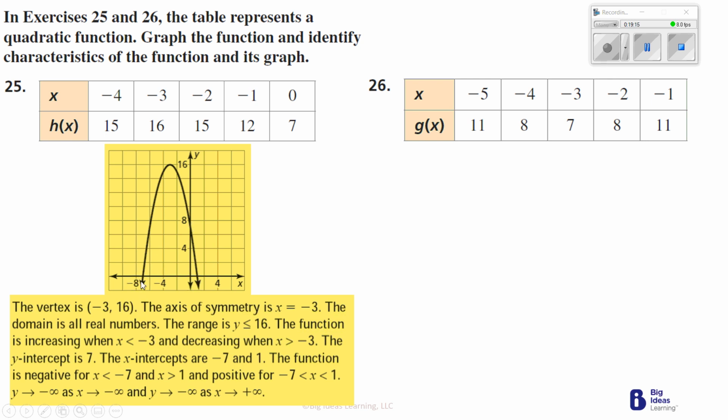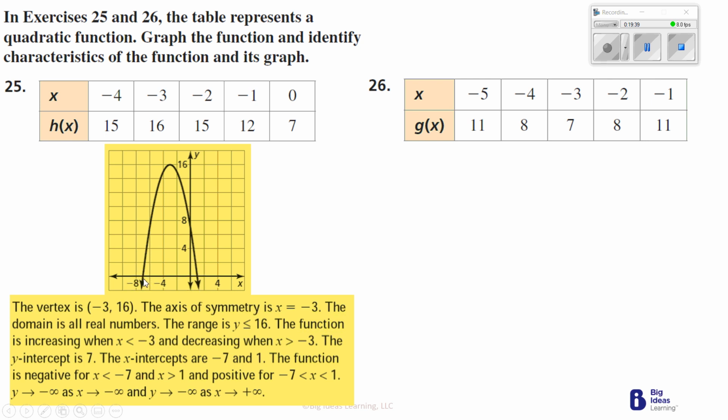We can also say that when x is less than negative 7, all my numbers will be negative. When x is greater than 1, all my numbers will be negative.